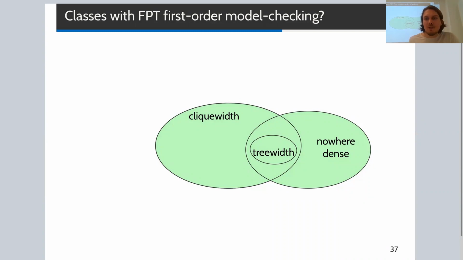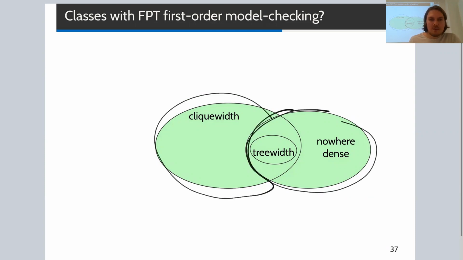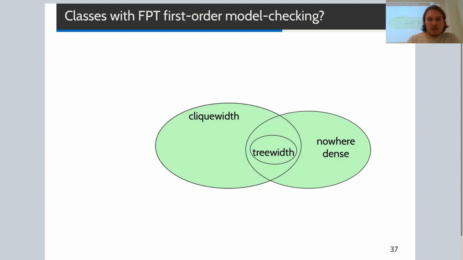So this is now our first example of a non-trivial dense graph class where you can do first order model checking. So everything here is sparse, but this is kind of the dense world already. And we would like to explore some more aspects of the dense world where you can still do first order model checking in FPT time.